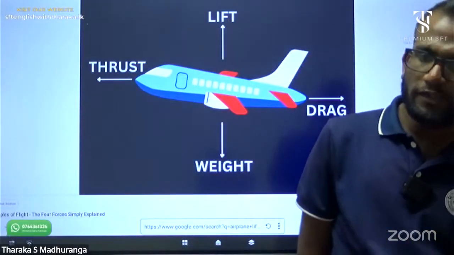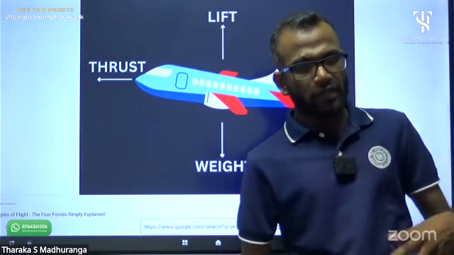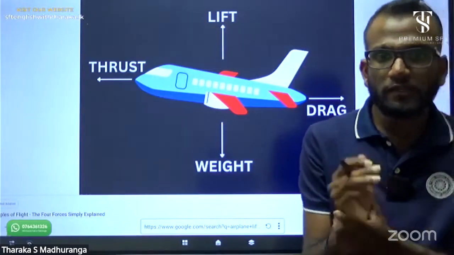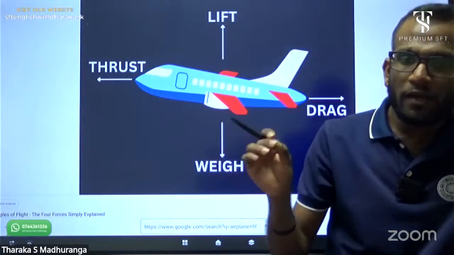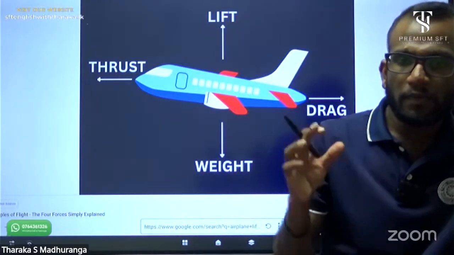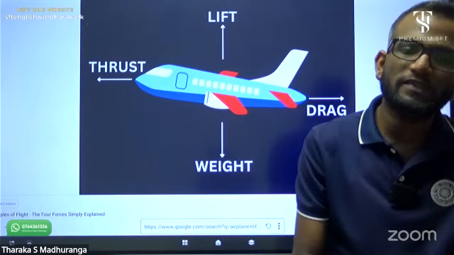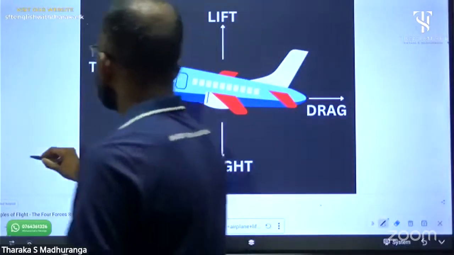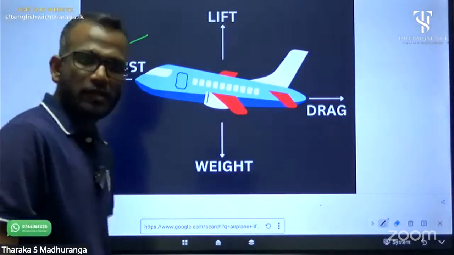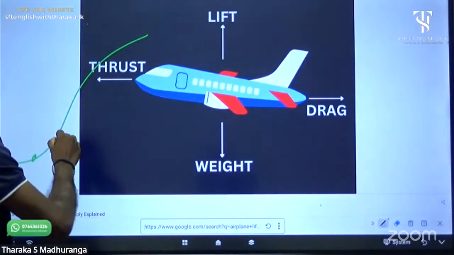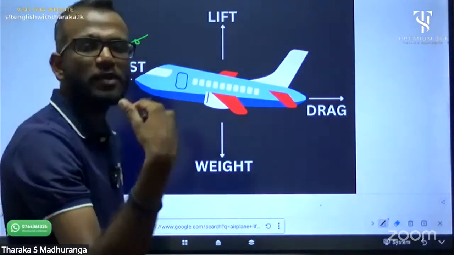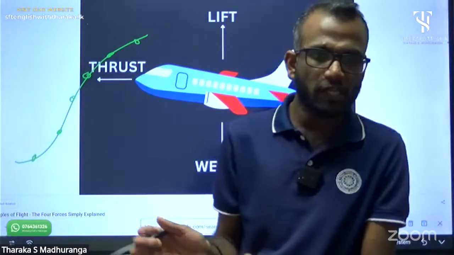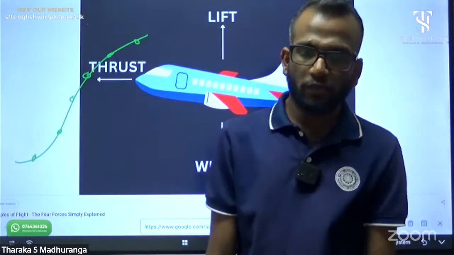What we discussed up to now: in the same streamline of incompressible non-viscous fluid, the total energy per unit volume is a constant. At every point on the streamline, pressure plus kinetic energy per unit volume plus potential energy per unit volume is the same value. That's the story.